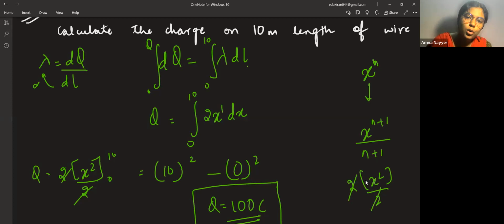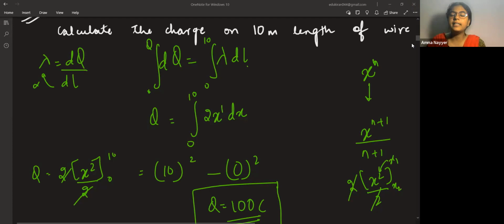Now the next rule of integration says that whatever is the upper limit, that gets substituted in place of x and then minus the lower limit. So 10 square minus 0 square. So 0 square is 0, this is 100. Just revise integration once. This is just the basic question from integration. It will be clear. Right now, is it clear? Yes.